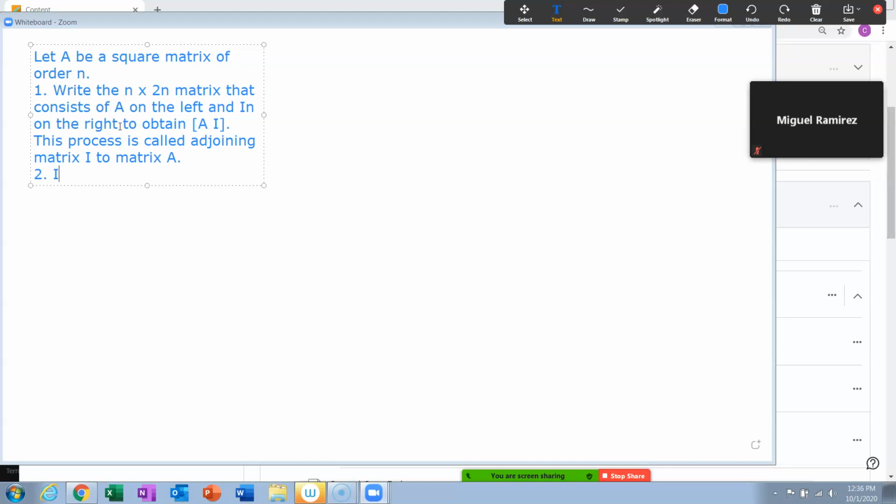2. If possible, now why do we say if possible? We always said that A was a square matrix. We didn't say it was an invertible square matrix.